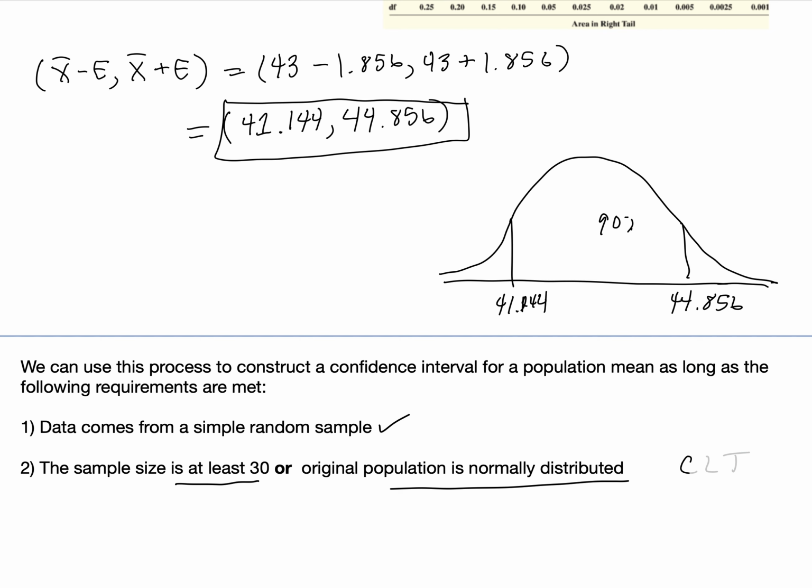This second requirement comes from the central limit theorem. When is it true that sample means are approximated by a normal distribution? We won't really worry about these two requirements in this course, but just so you're aware, there's a sort of minimum sample size requirement or knowledge that the original population comes from a normal distribution.